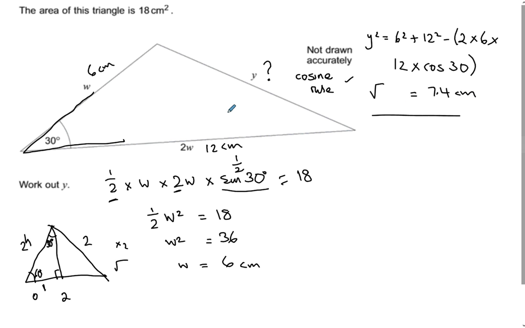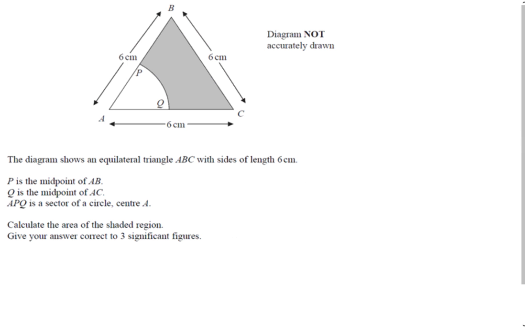That was quite easy, wasn't it? But once you see the w's and the y's, you panic a little? Not anymore. Let's have a look at another question. The diagram shows an equilateral triangle. So again, always prepare as you're reading, so you know that's 60, and they're all length 6.